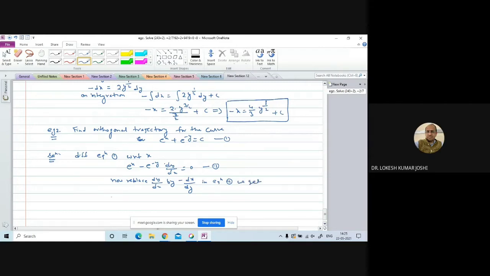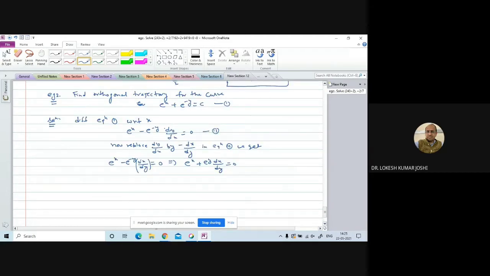At first, replace it: e to the power x minus e to the power minus y dx/dy equals 0. We have two minus signs, one minus is there, and one minus is there. Therefore, it will become plus, or we can write e to the power x plus e to the power minus y dx/dy equals 0.